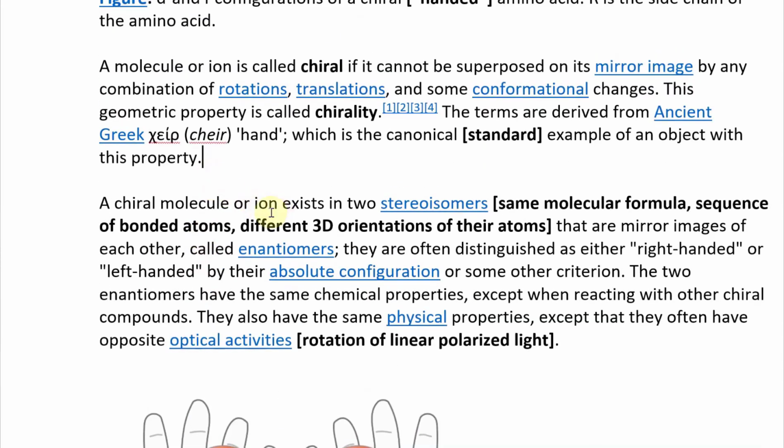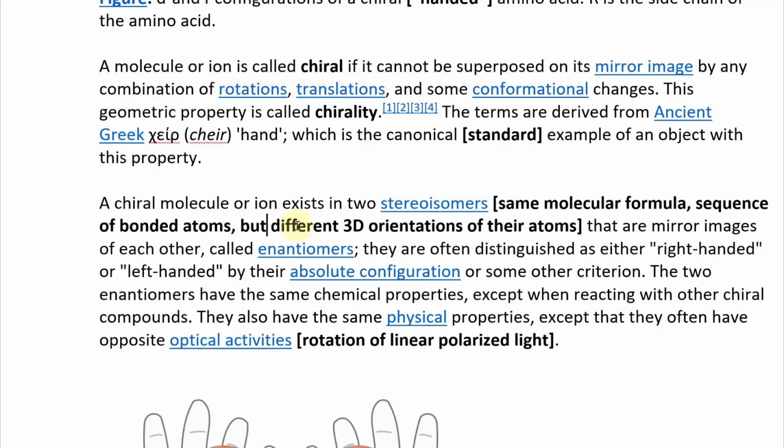A chiral molecule or ion exists in two stereoisomers, which means they have the same molecular formula and sequence of bonded atoms, but different 3D orientations of their atoms that are mirror images of each other, called enantiomers.